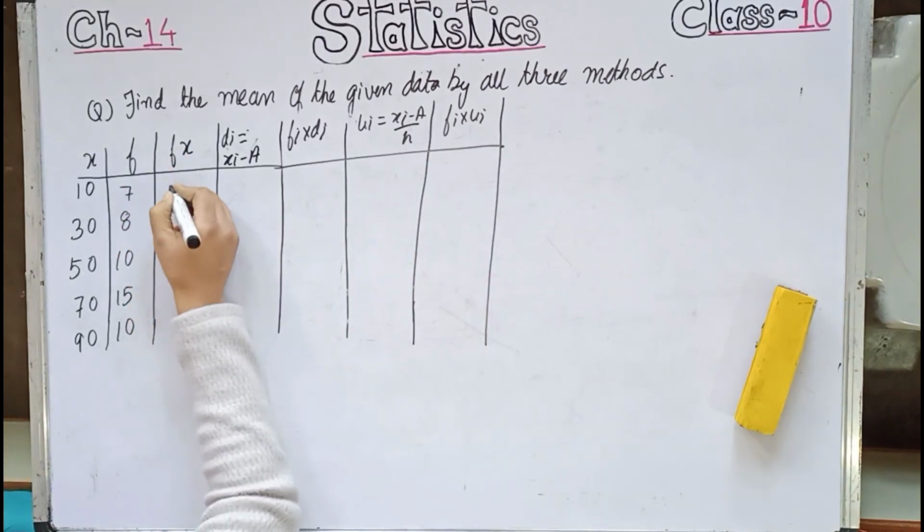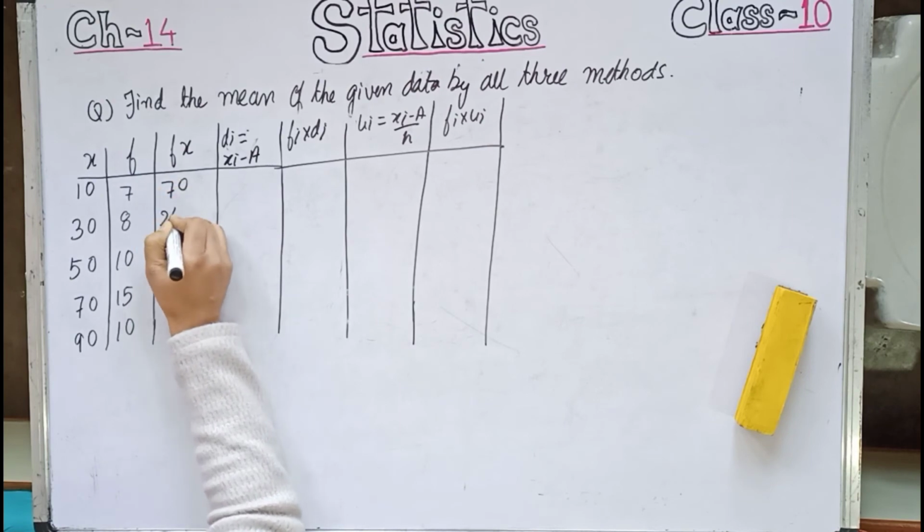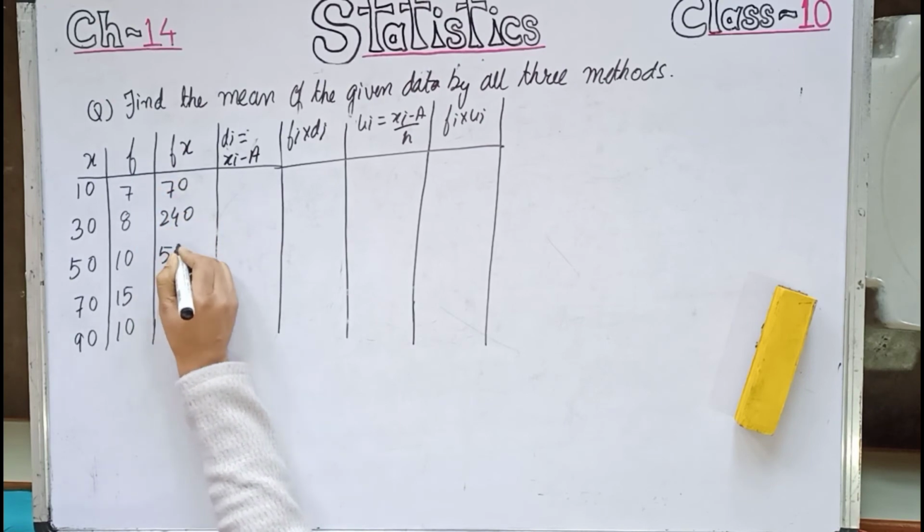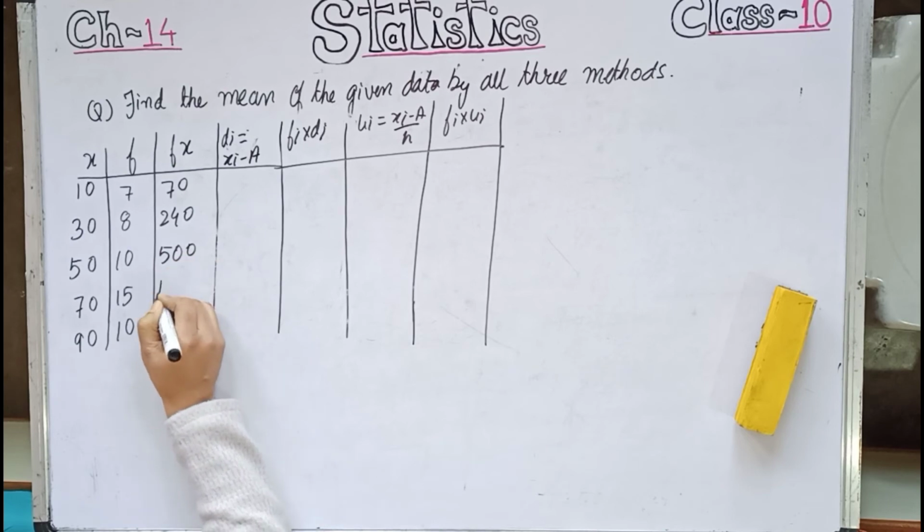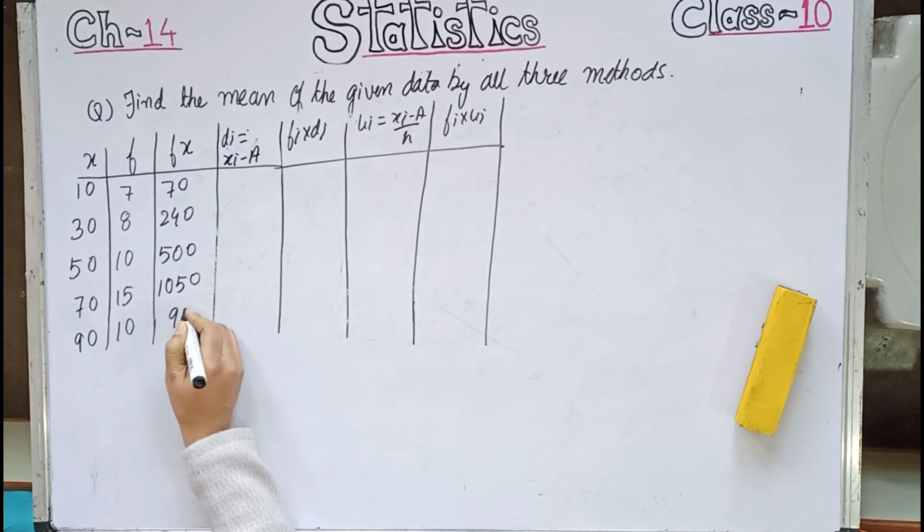So first fx: 70, 240, 500, then 1050, then 900.